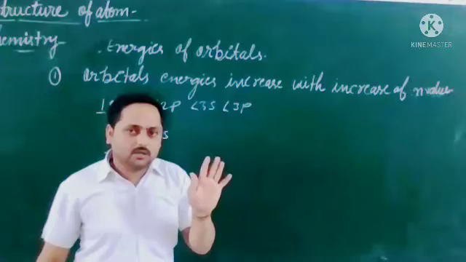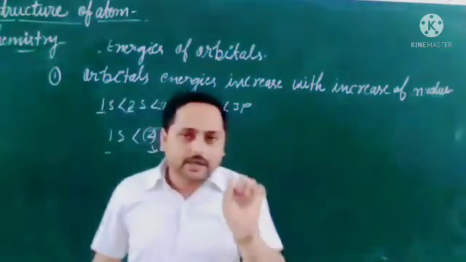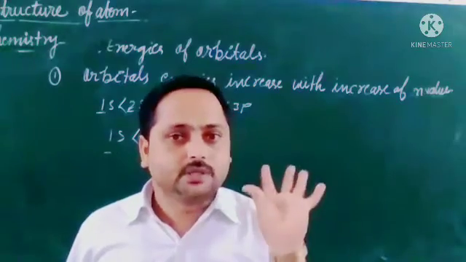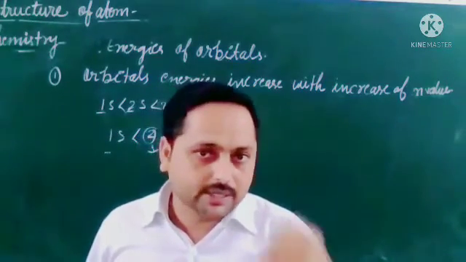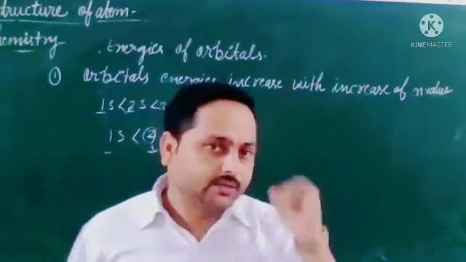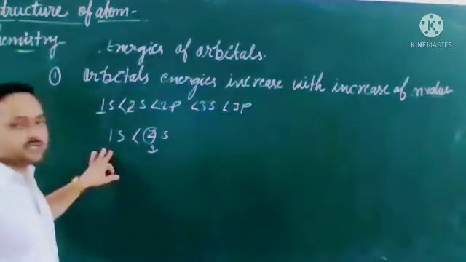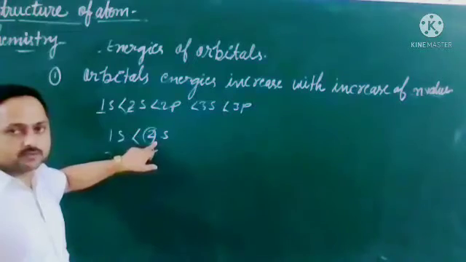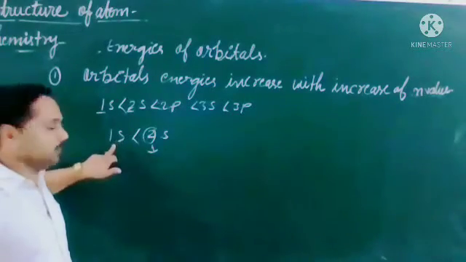Got it? On increasing n value, the orbital's energy increases. So if we talk about 1s, the energy of the 2s orbital is higher than 1s.